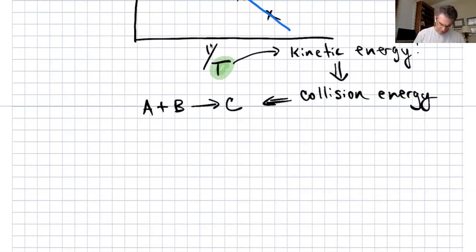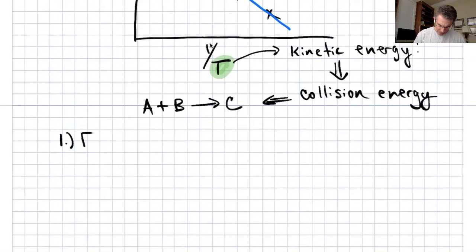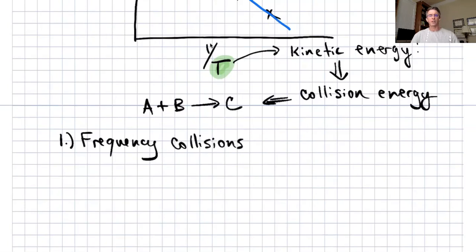Well, getting a little more quantitative about it, the frequency of the collisions is going to matter, right? How often these guys bang into each other, that's going to be proportional to how fast this reaction goes, right?